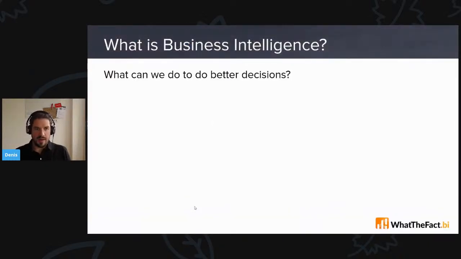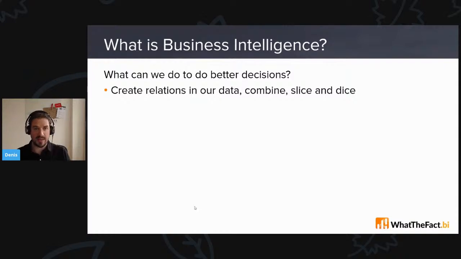Good. Then what can we do to do better decisions? I mean, what we see now was just that we added the data to our data model. We combined the data, we could slice it, like doing a selection. We could look at the data from different views, like to dice it.